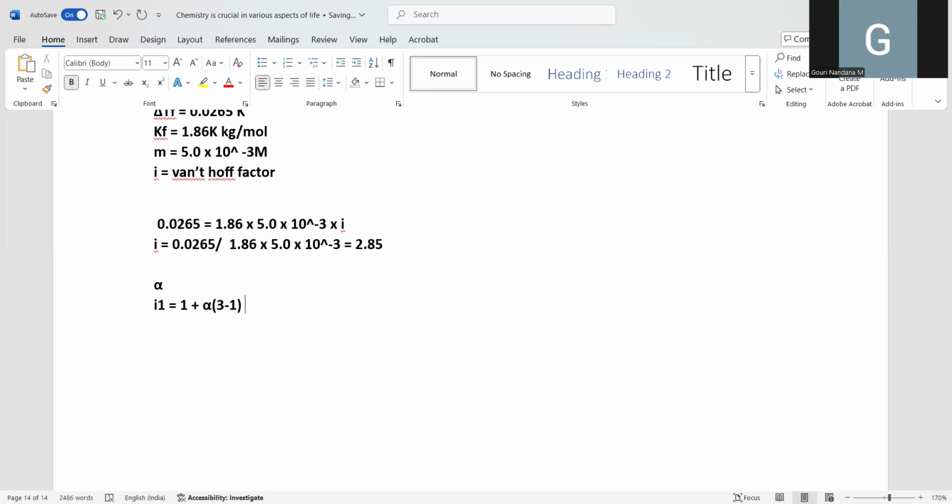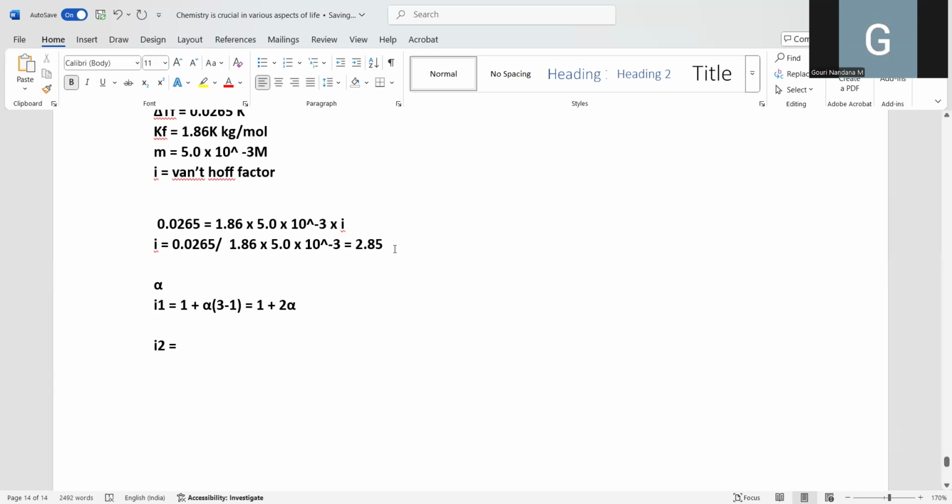This is on the basis of the equation, that is, for Na2SO4, it dissociates as sodium sulfate giving 2Na plus and sulfate. So when we write it theoretically, I1 is equal to 1 plus alpha into (3 minus 1), which is equal to 1 plus 2 alpha.